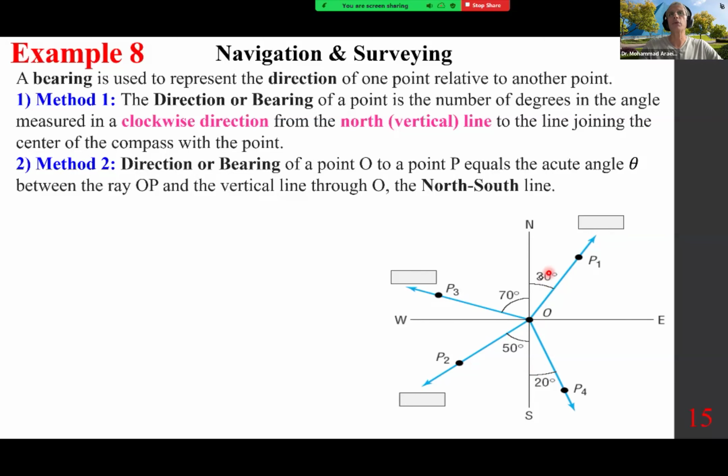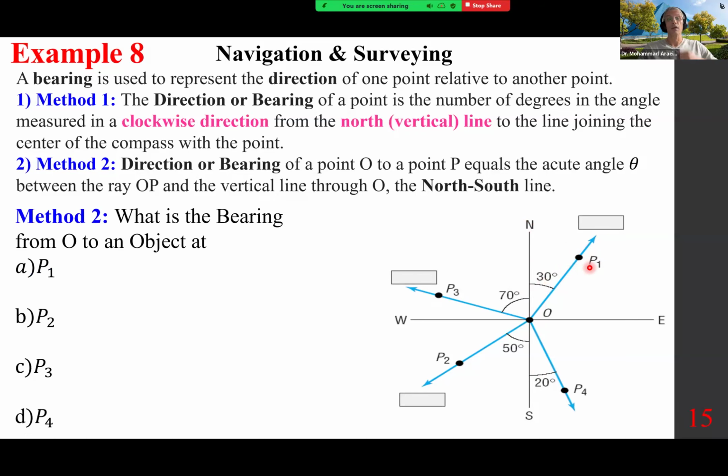Again, as an example here, we would say north, and this side is east, so we would say north 30 degrees east, just as an example. So let's look at method 2 first, and as I mentioned, the first one, P1, is north 30 degrees east.